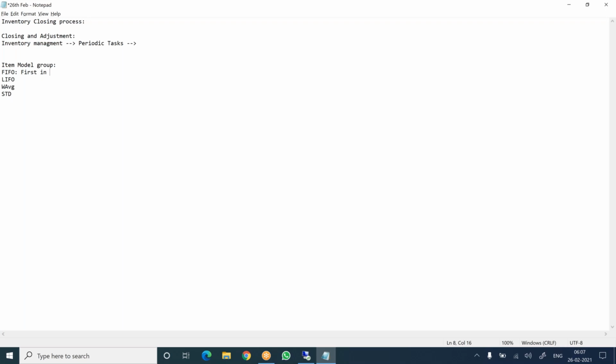And I don't have an idea about the other 3. Okay, at least LIFO, last in, first out, and weighted average and standard cost. So this abbreviation is fine. At least, no one knows what this means. Am I right? Fine.